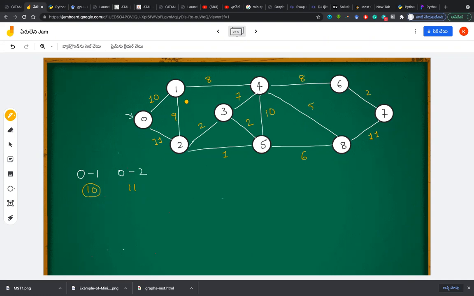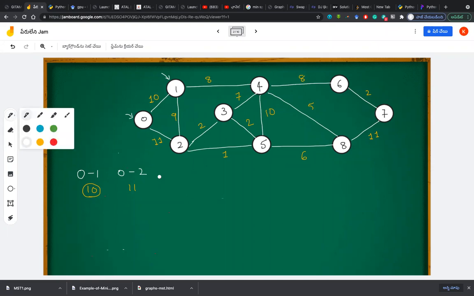After selecting 10, I'm coming to 1. So my target is at 1 in this case. Because 0 is already touched, now we are going to 1. So from 1, what are the edges that I can check?